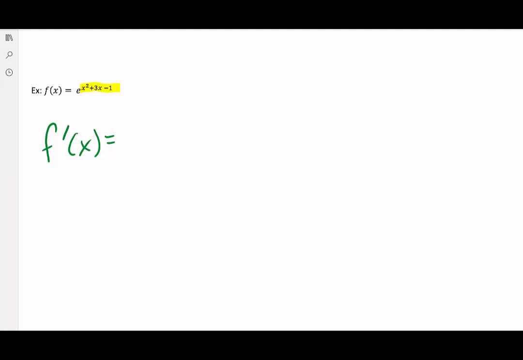Well, we know from our sum and difference rule that the derivative of x squared is 2x, the derivative of plus 3x is plus 3, and the derivative of negative 1 is 0. And then, I beg you guys, put this in parentheses. For this answer to be correct, that has to be put in parentheses because that entire quantity now needs to multiply e raised to the original power.